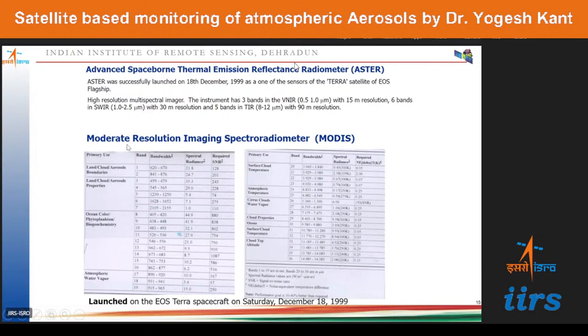This is MODIS, the Moderate Resolution Imaging Spectroradiometer. In this there are 36 bands from the visible to thermal infrared, and we use the visible and near infrared bands to estimate the aerosol optical depth.